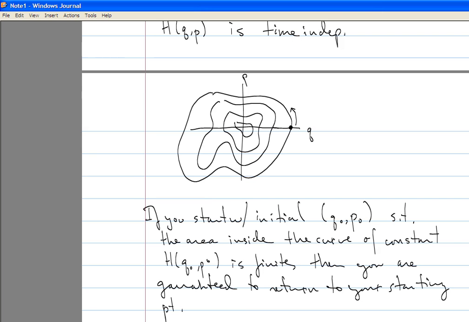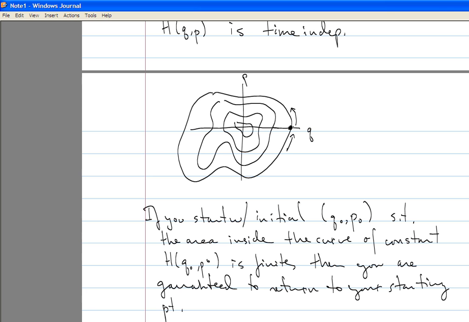And after some finite amount of time, you would end up traversing this curve of constant H before returning to your starting point. Now, I put in this proviso that the initial position had to be such that the curve of constant energy had finite area. That's just a fancy way of saying that I want to exclude the case where I have some unbounded motion, which would correspond to the case where the area inside that curve was infinite.